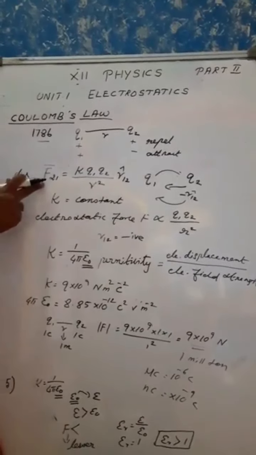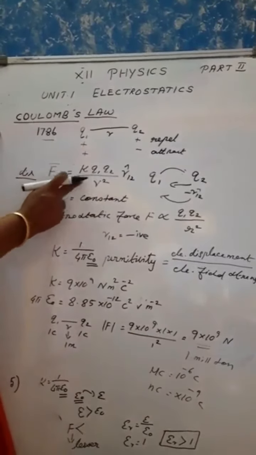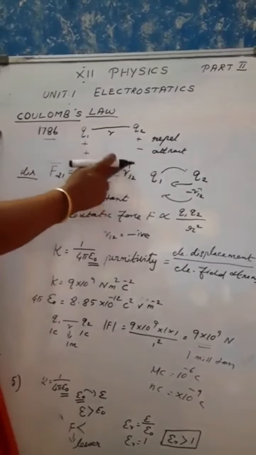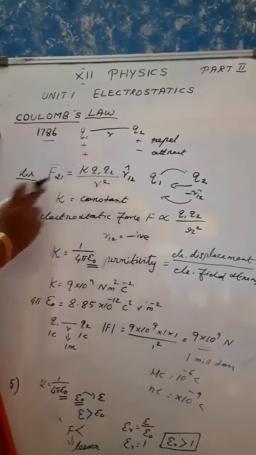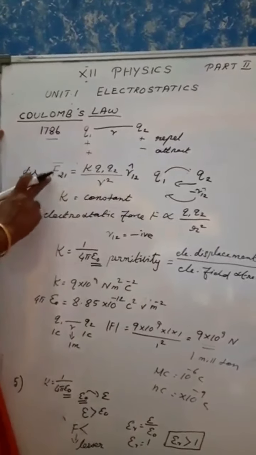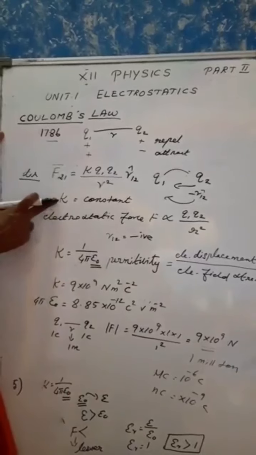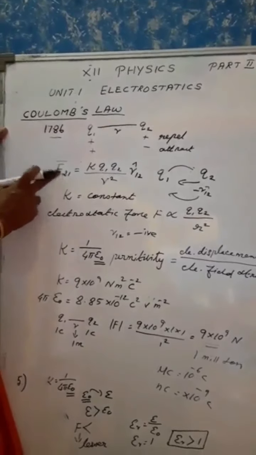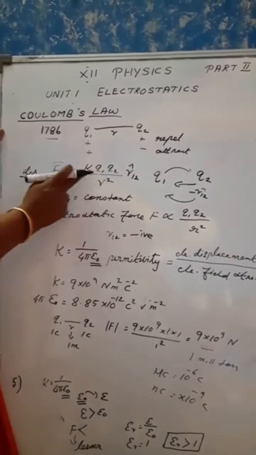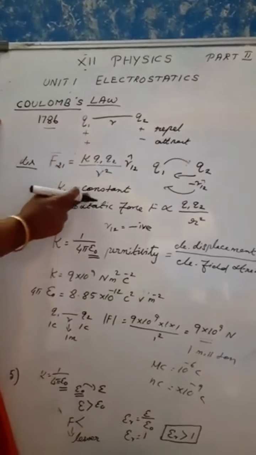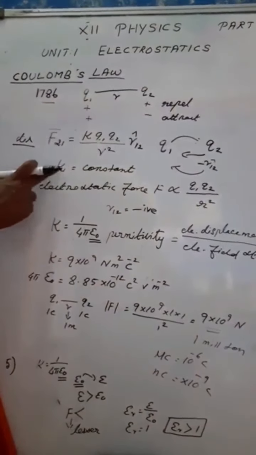This R12 cap is nothing but a unit vector. So, this is the formula for Coulomb's law. Here charge Q1 exerts a force on charge Q2, and K is known as the proportionality constant.